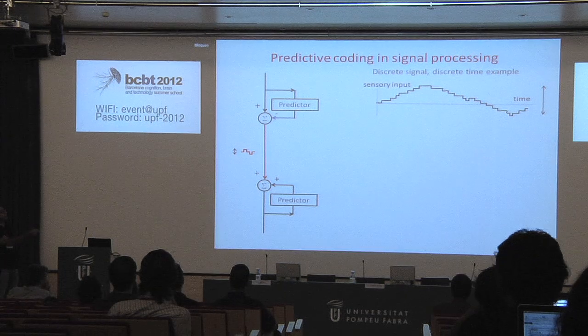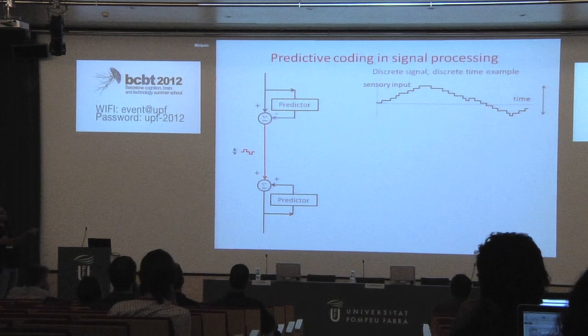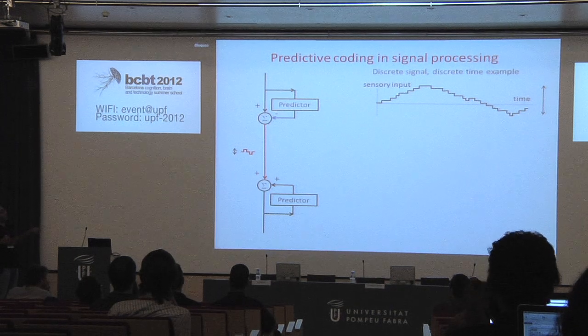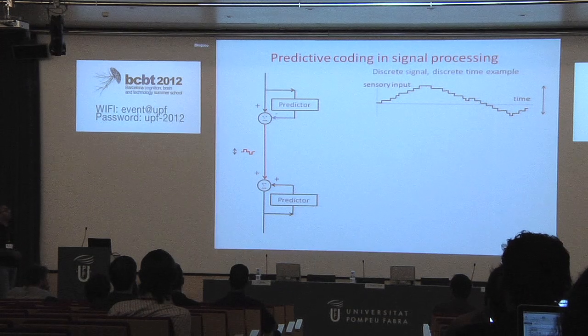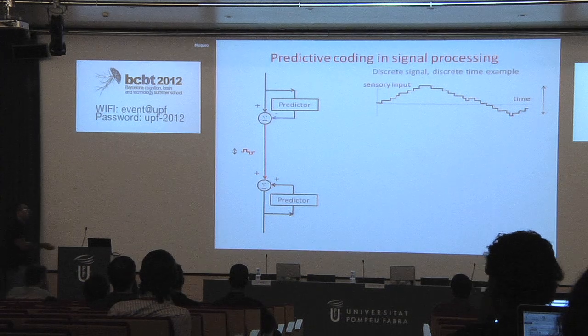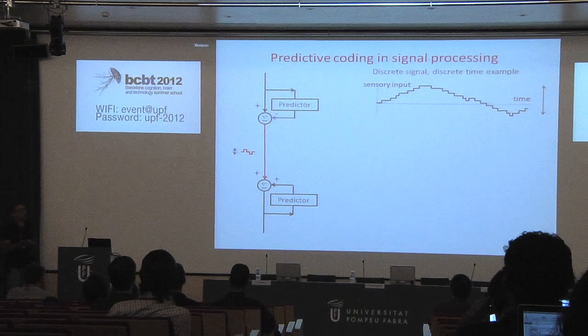It subtracts its prediction from the actual incoming value, and what is being transmitted is not the incoming signal itself, neither the prediction, but the difference between the two, or prediction error. Then if your prediction is good, the error is small, and then you reduce the dynamic range of the signal. So the simplest predictor one can come up with is to say, well, the signal at the next point of time is the same as the day before, like for the weather.